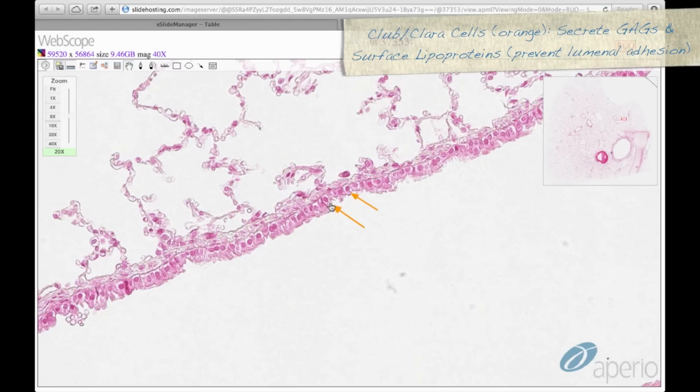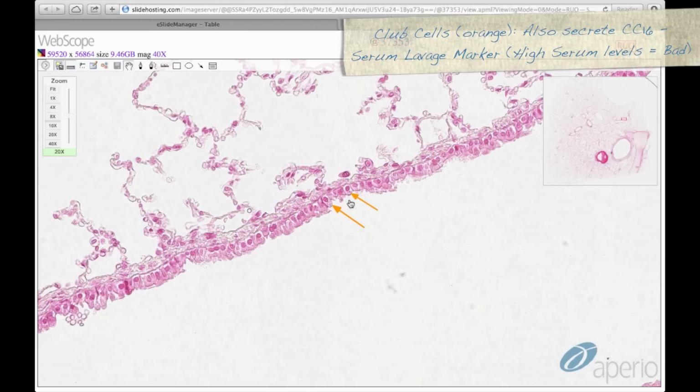Clara cells, or more appropriately named club cells, are dome-shaped apical cells that secrete glycosaminoglycans which help protect the bronchial lining. They also secrete lipoprotein called surface active agent that prevents luminal adhesion in the event that the airways collapse.